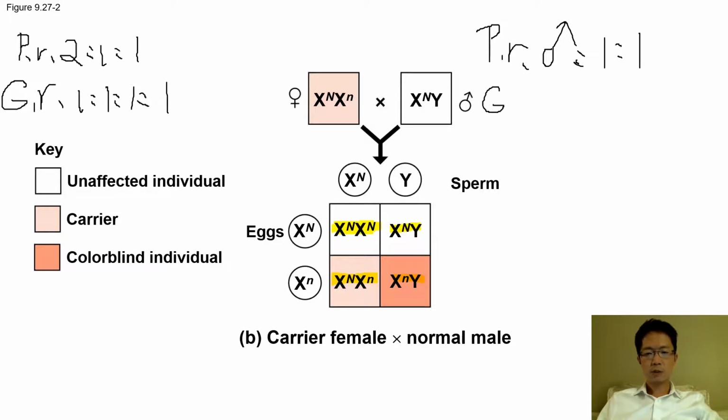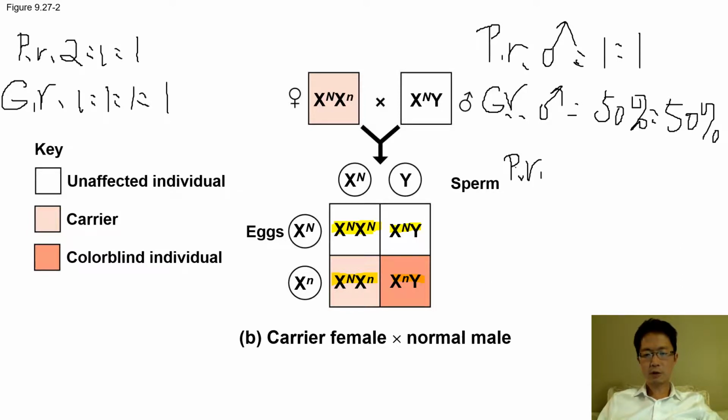The genotypic ratio for boys is also 50%. Now let's take a look at the girls.